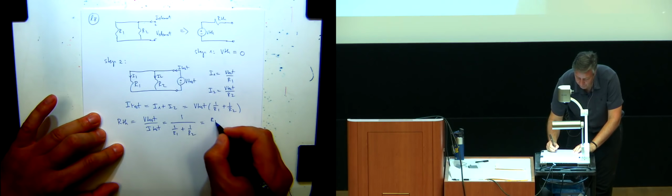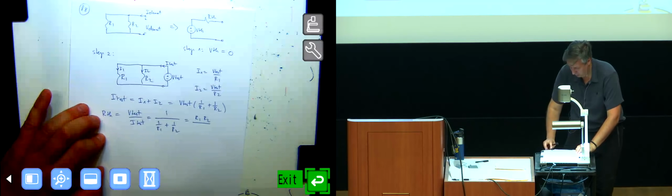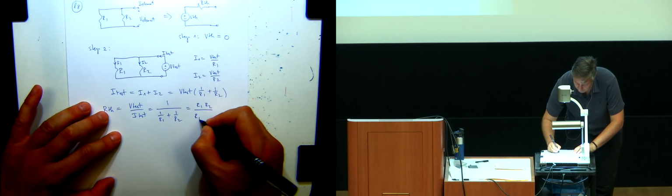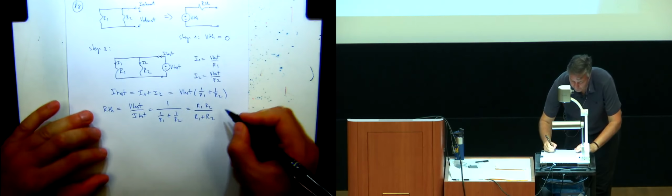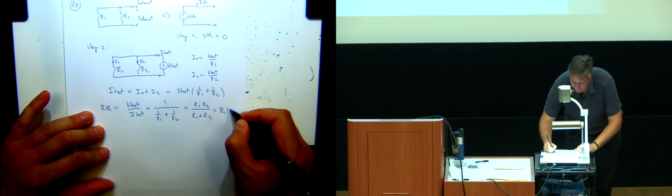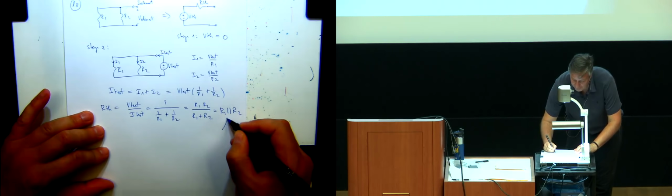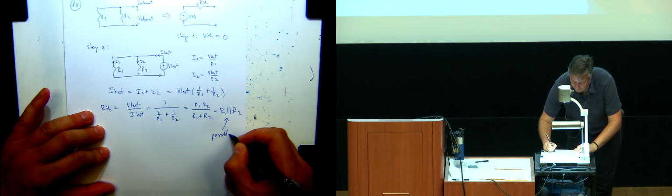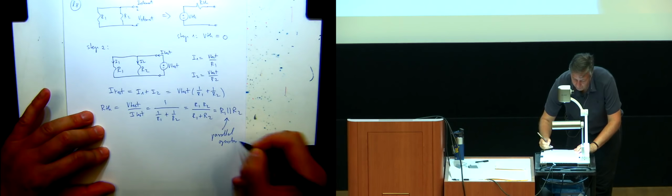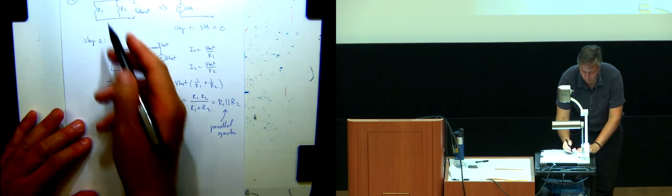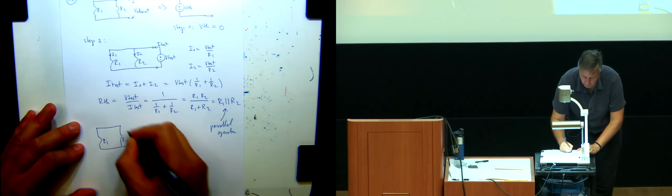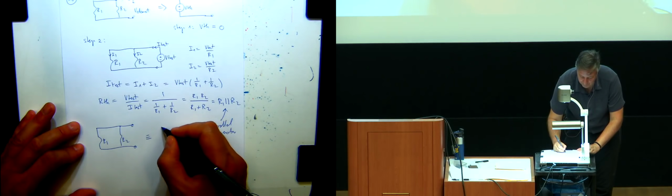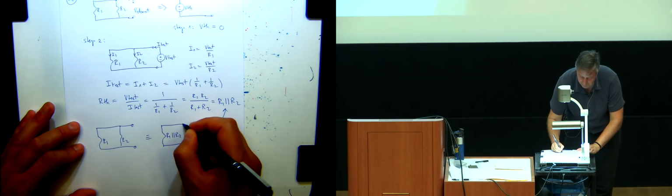And I can redo this as this. Now, we're going to label this as R1 parallel R2. This is called a parallel operator. And again, we said that this circuit is equivalent to a circuit that has R1 parallel R2, a single resistor value.